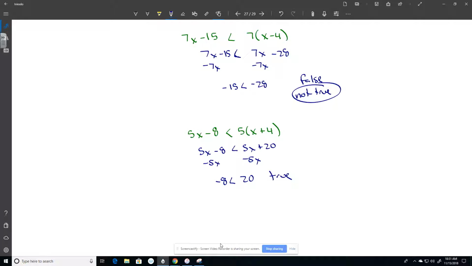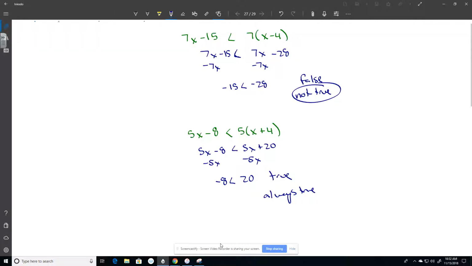There's no x value that you can plug in where it's going to be false. So it's always going to be true. So if the x's or the y's or whatever letter you have cancel out and it's false, that means it's never true. If it cancels out and you're left with something that is true, if the x's go away and you're left with a true statement, then that means that the inequality will always be true.